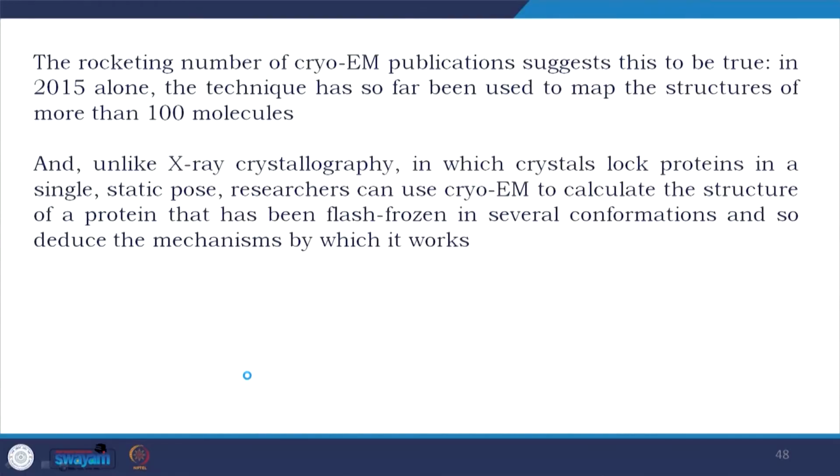And unlike X-ray crystallography, in which crystals lock proteins in a single static pose, researchers can use cryo-EM to calculate the structure of a protein that has been flash frozen in several configurations and so deduce the mechanism of how it works. So, crystallography is definitely giving you a very high resolution structure, but cryo-EM is talking about the biology, and now in the same resolution.